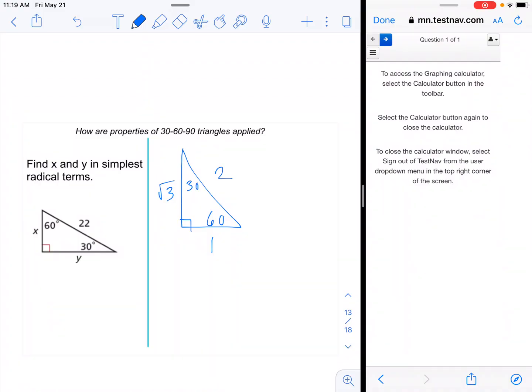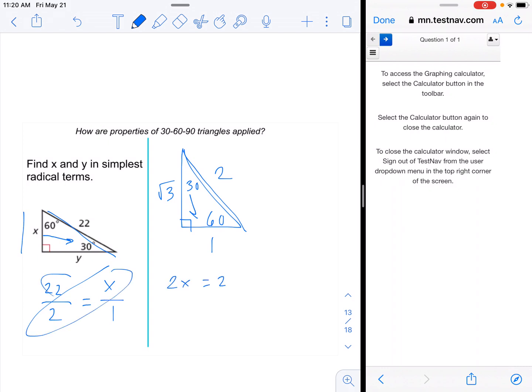So I can set up a proportion. 22 matches 2, and I can set it equal to x over, x is the side across from 30, x would match up with 1. And here we can cross multiply. 2x equals 22 times 1, x equals 11.